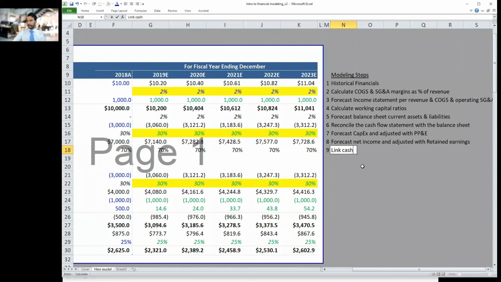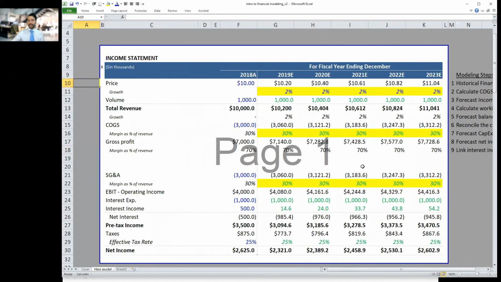Link interest income to the net income. So link interest income to the net income. That's it. So you can really boil down this model to 9 steps.